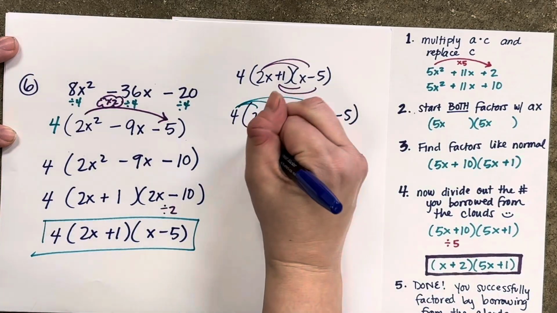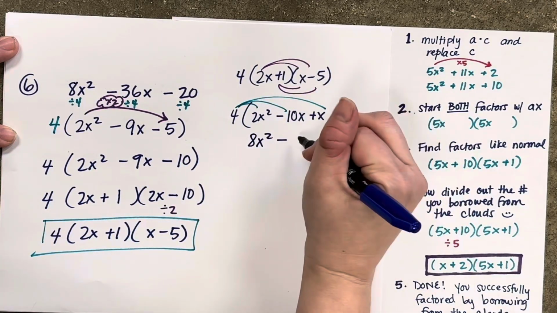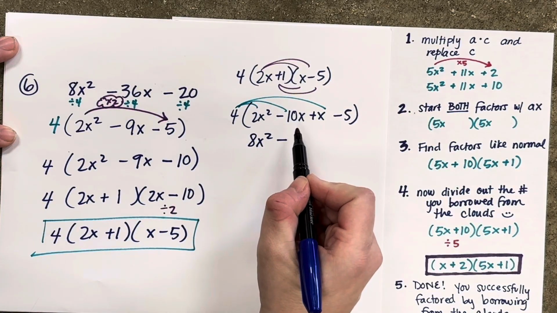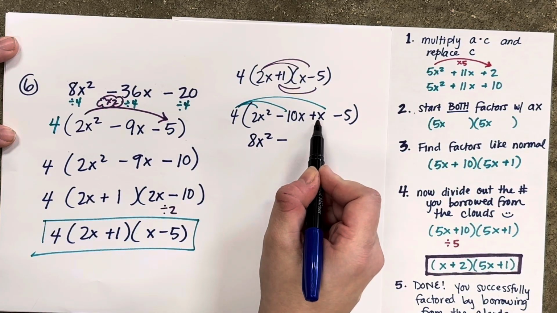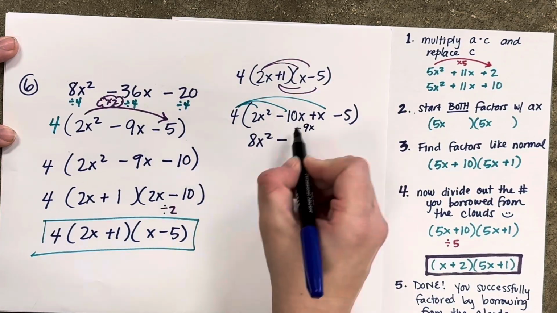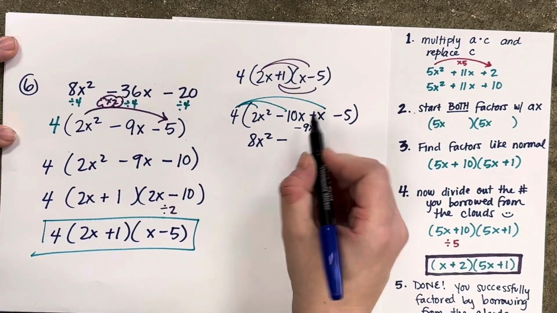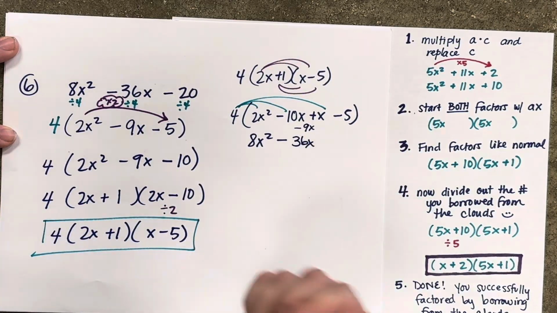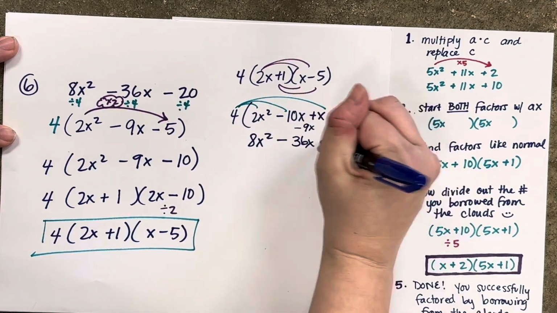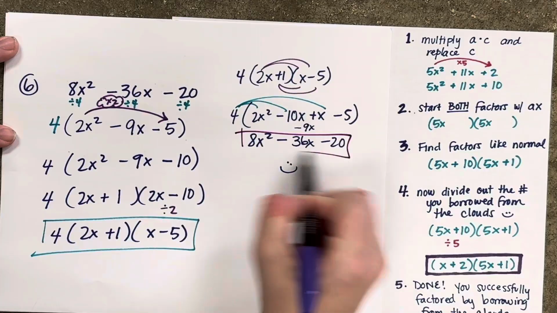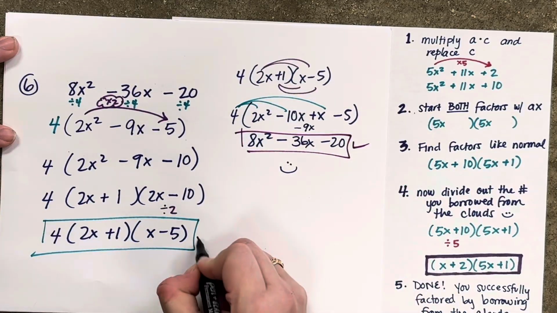So I have 8x squared minus, I didn't even combine like terms, so 10x plus x would be minus 9x. 4 times negative 9x would be negative 36x, because apparently I don't remember that 9 times 4 is 36, and 4 times negative 5 is negative 20. Woo! Okay, so that checks out.